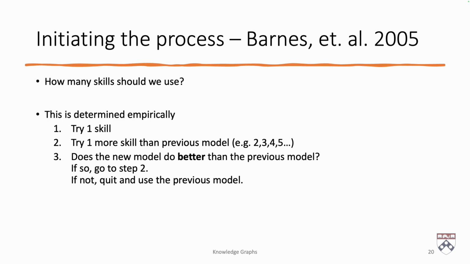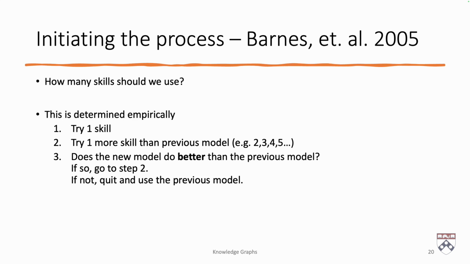So you start out by assuming that all the questions belong to one skill. And then you add one more skill to the currently identified set of skills. And then you try to figure out whether this new model predicts the student's performance data much better than another one.